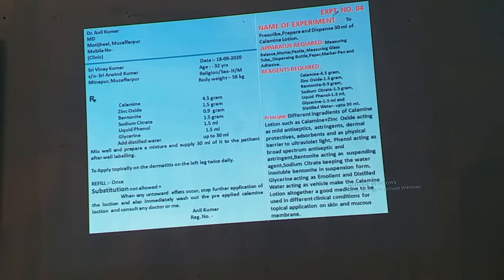So the first part of today's experiment is to prescribe, then prepare, which comes under the heading procedures, and then dispense after labeling 30 ml of calamine lotion. So coming to the first part, prescribe. On the left side, prescription for calamine lotion has been written.